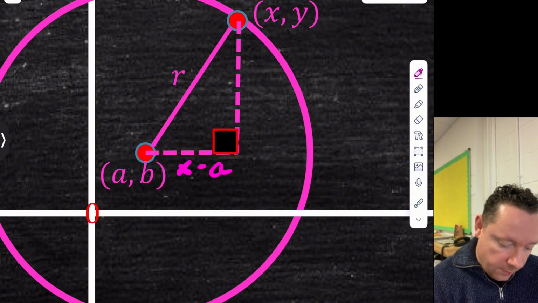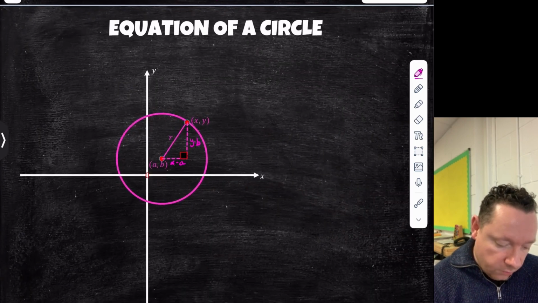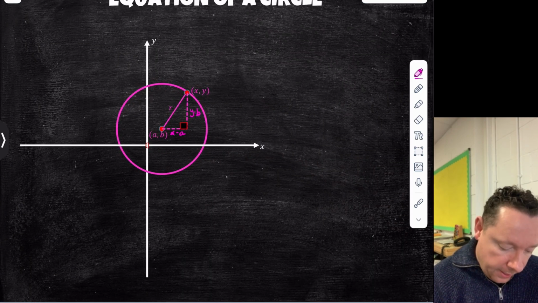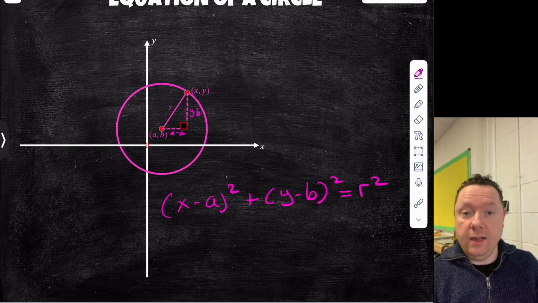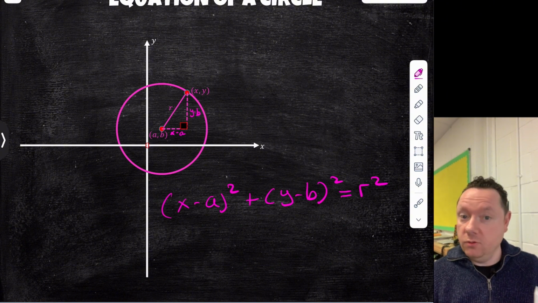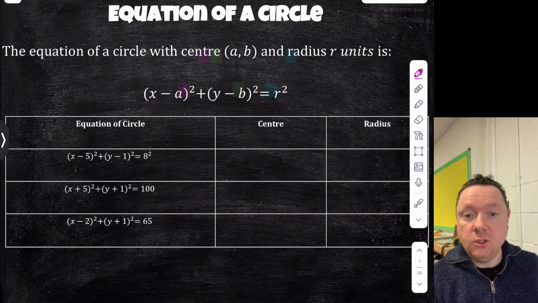So I could write y minus b, and then by Pythagoras, the equation of this circle is simply x minus a squared plus y minus b squared equals r squared. And therefore, we've now got the equation of a circle where the centre is not 0, 0. So for any centre, the equation of a circle is x minus a squared plus y minus b squared equals r squared. Okay, let's do a little work on this.